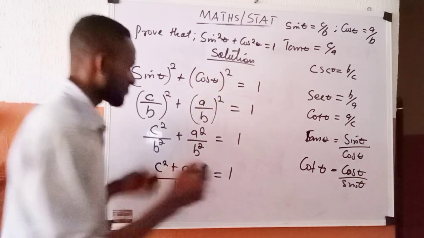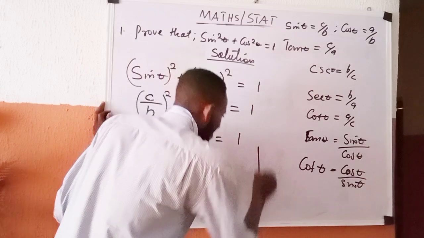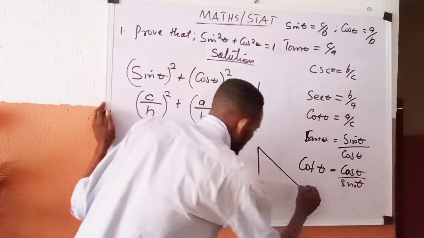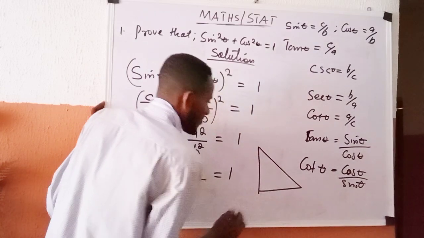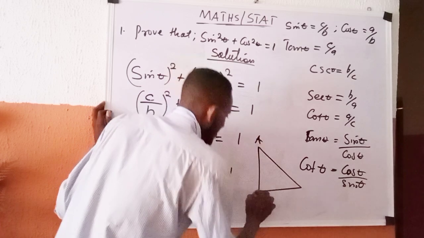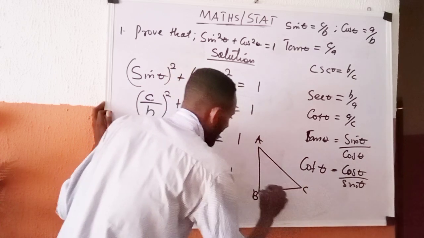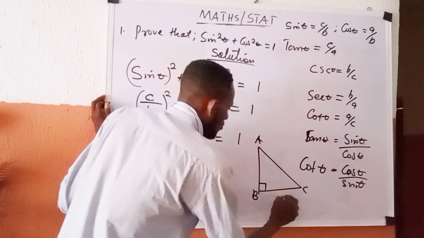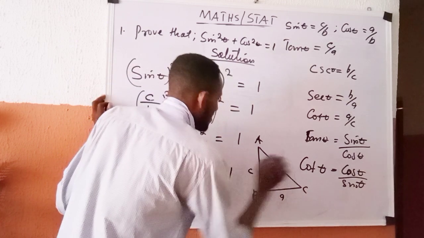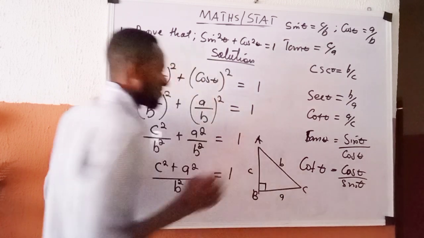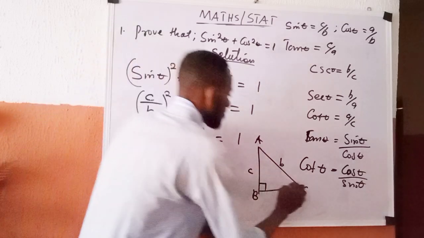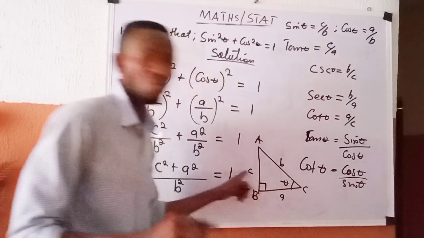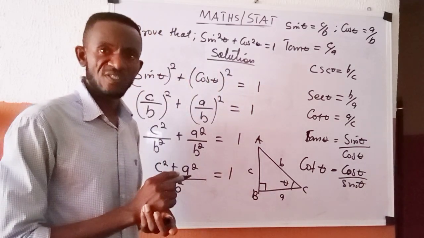He said that when you have a right angle triangle this way, here is my A, here is my B, here is my C. Here is what we call the hypotenuse. Here is what we call the opposite.